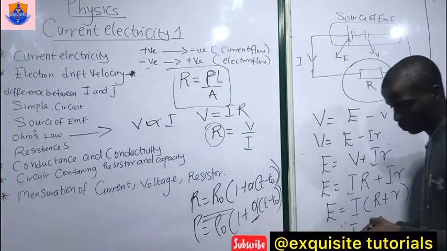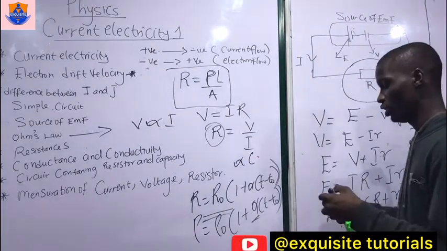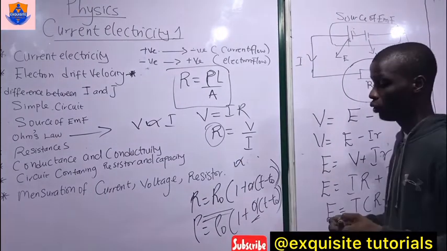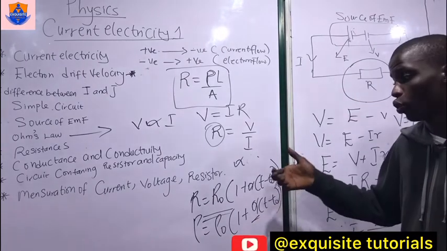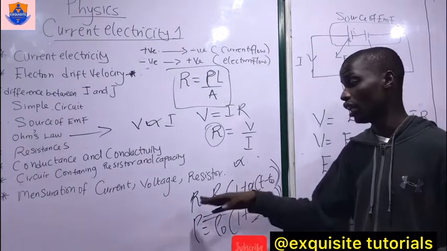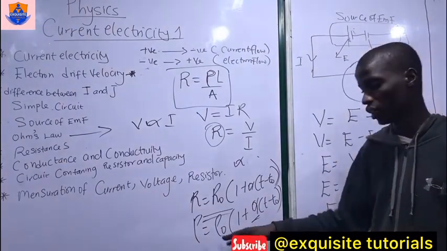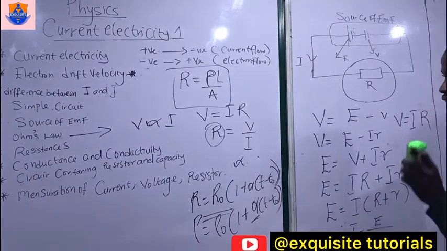Take note, this symbol alpha here, for both cases, is called the temperature coefficient. Now R naught is the initial resistance we had, then R final is the final resistance. The same thing applies to the resistivity here. So that is that under that part.